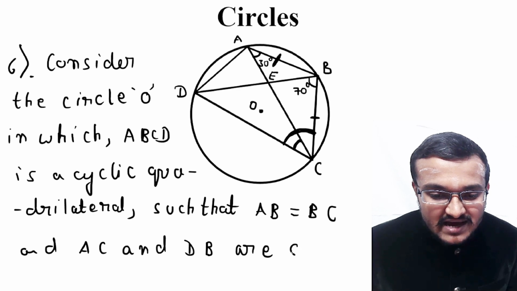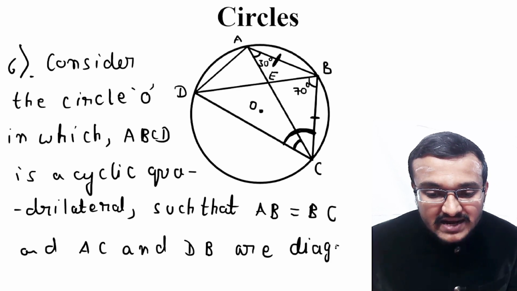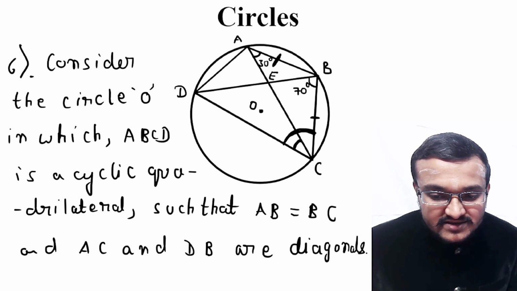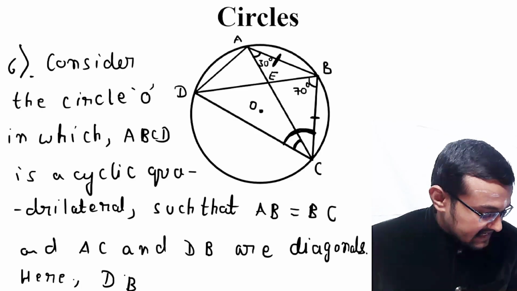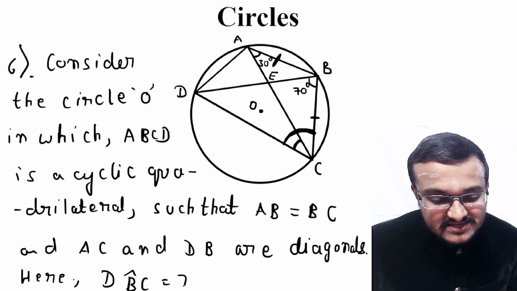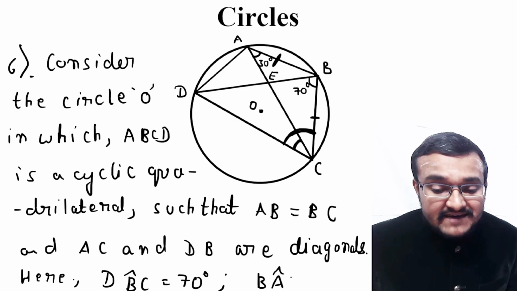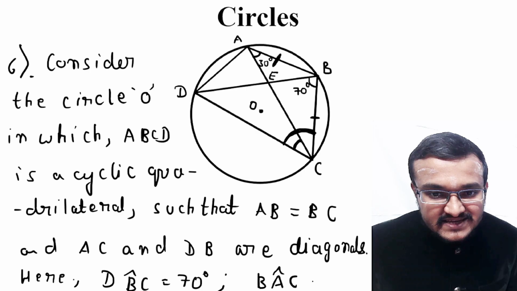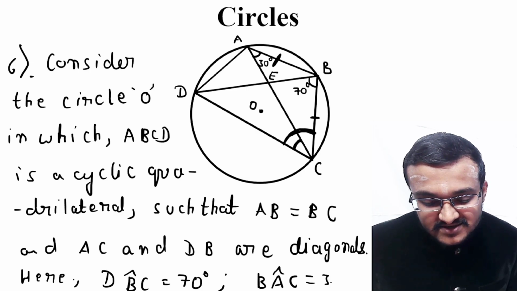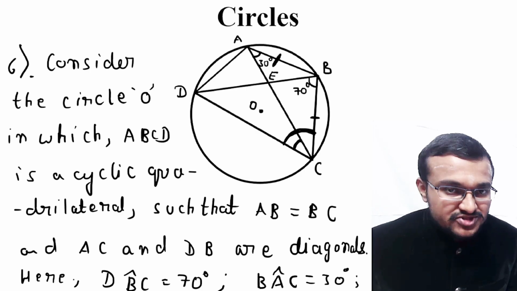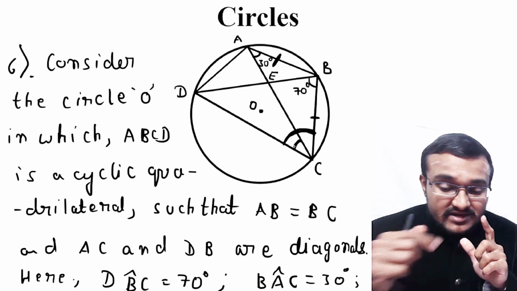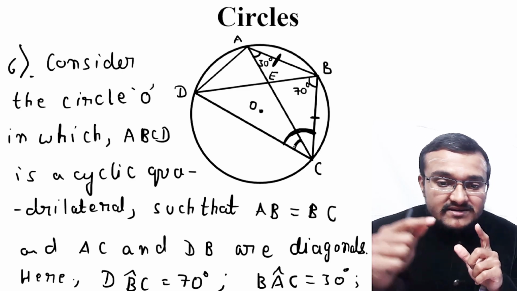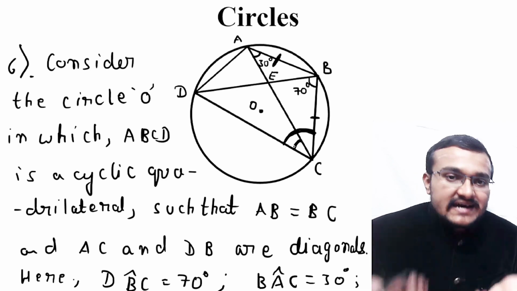So AC and DB are diagonals, and the data which they have given here is DBC angle. So DBC angle is equal to 70 degree, and they have given BAC angle as 30 degree. So now based on this, you have to find out the total angle BCD and the angle ECD as well.